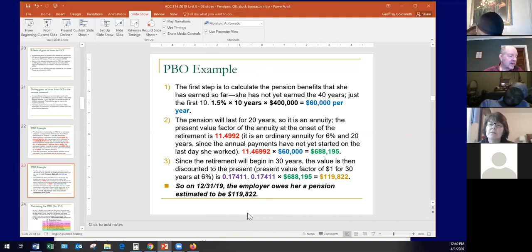So if you had a huge number of employees like Kroger or Amazon or Walmart or Disney, it would be impossible for the actuary to do this individually. It would have to be done on assumptions based on averages for the whole crew of employees.